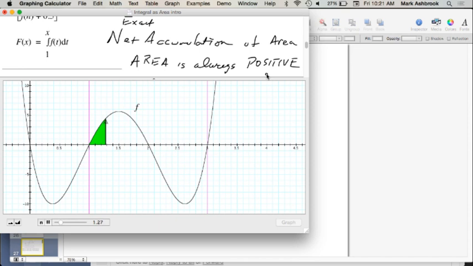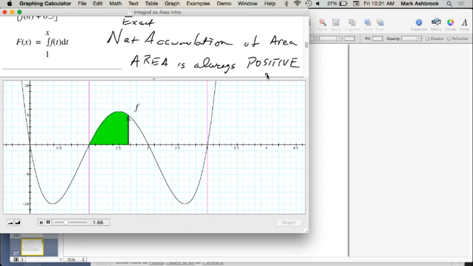That gray area gets subtracted in the final value of capital F. Does it make sense? Anything where f is above the axis is going to have a positive contribution to the signed area capital F, and anytime the function goes below the x-axis is going to have a negative contribution to the signed area capital F.